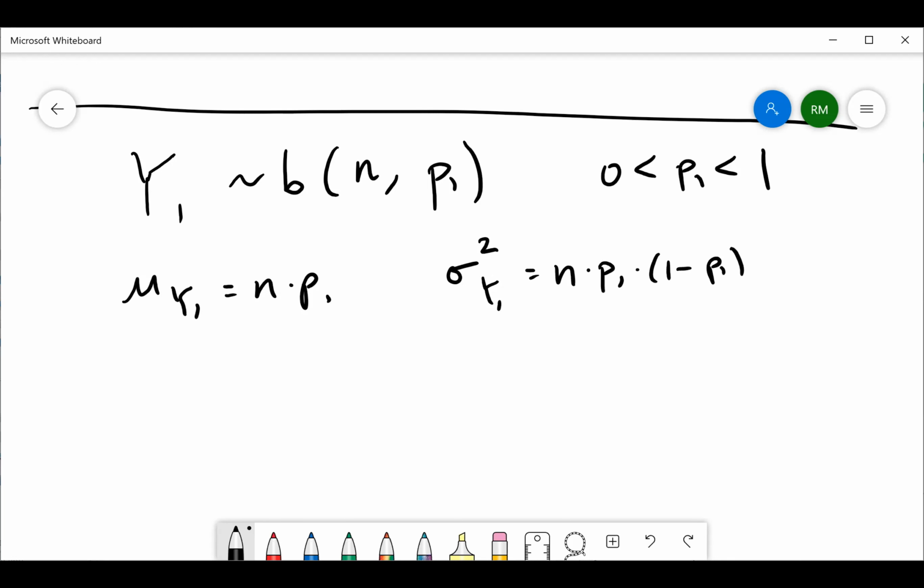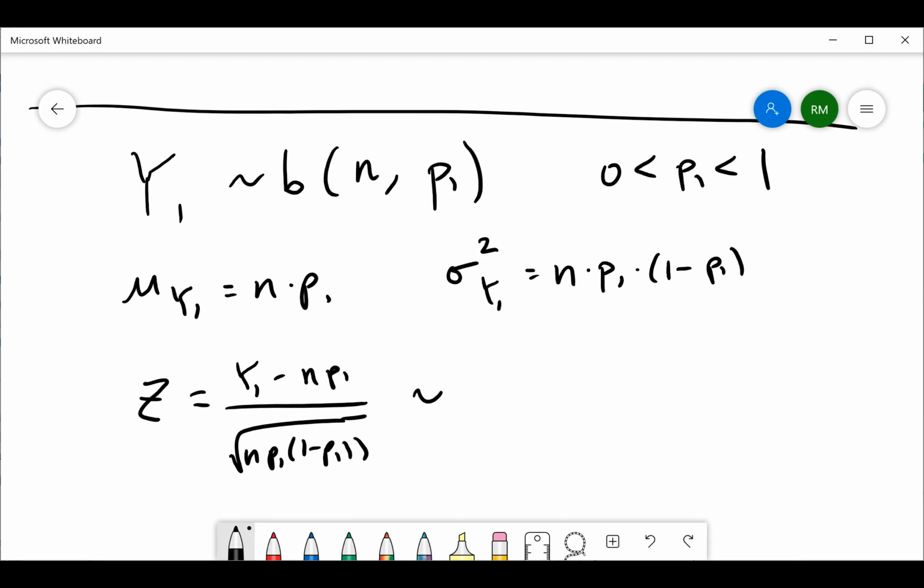And furthermore, we know that if we write the variable z equal to this expression right here, by the central limit theorem, this is approximately normal with mean 0 and standard deviation 1 when n is large.